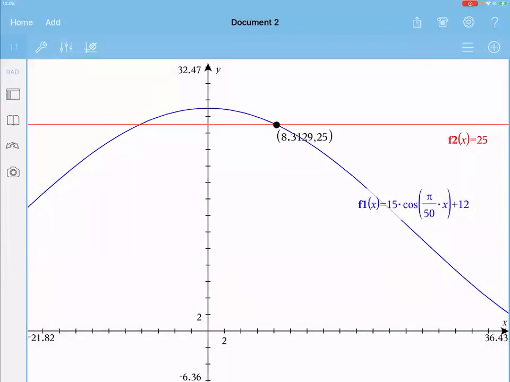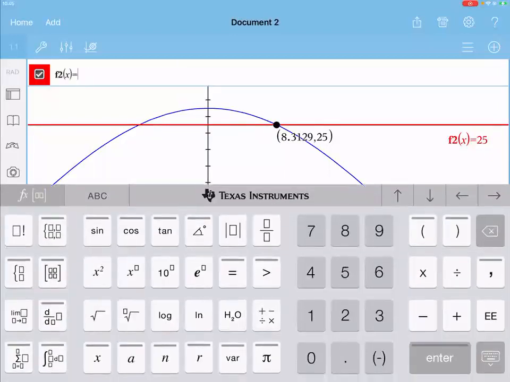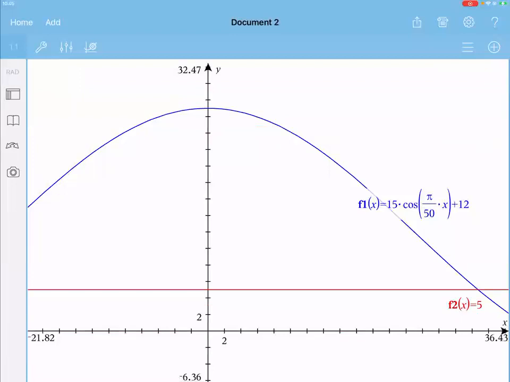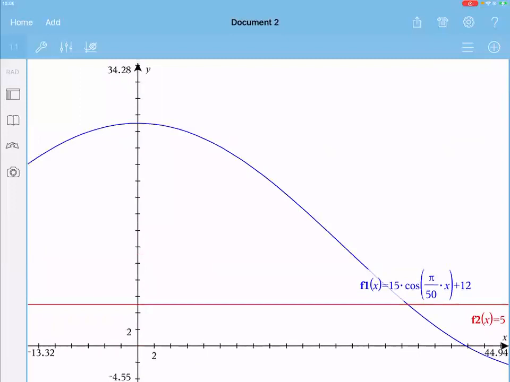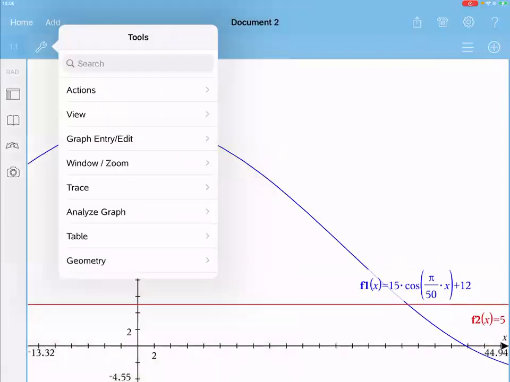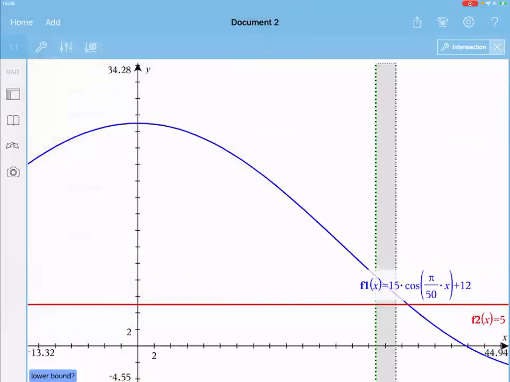And then we ask, what about if it's 5 meters above the ground? Well, the horizontal timber is going to be pretty long because the x values are further down the axis. So we do the same thing. We analyze the graph to find the intersection.